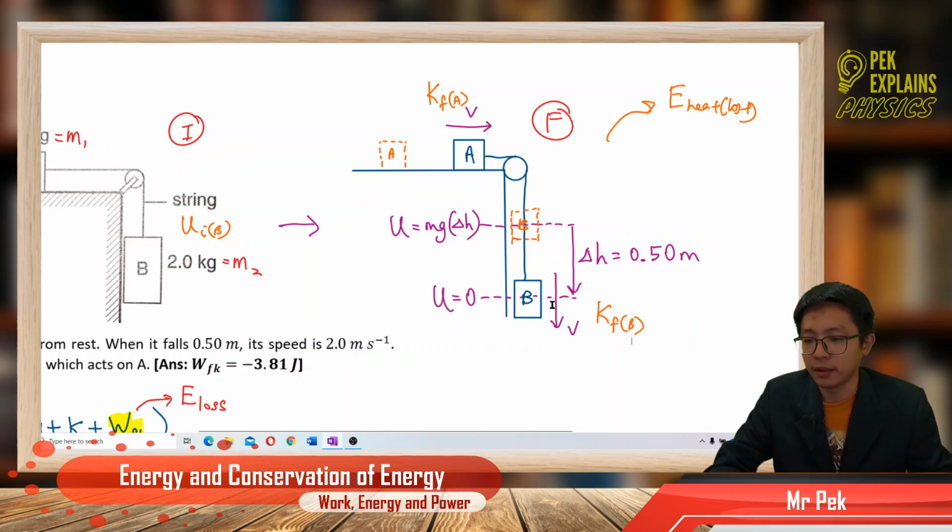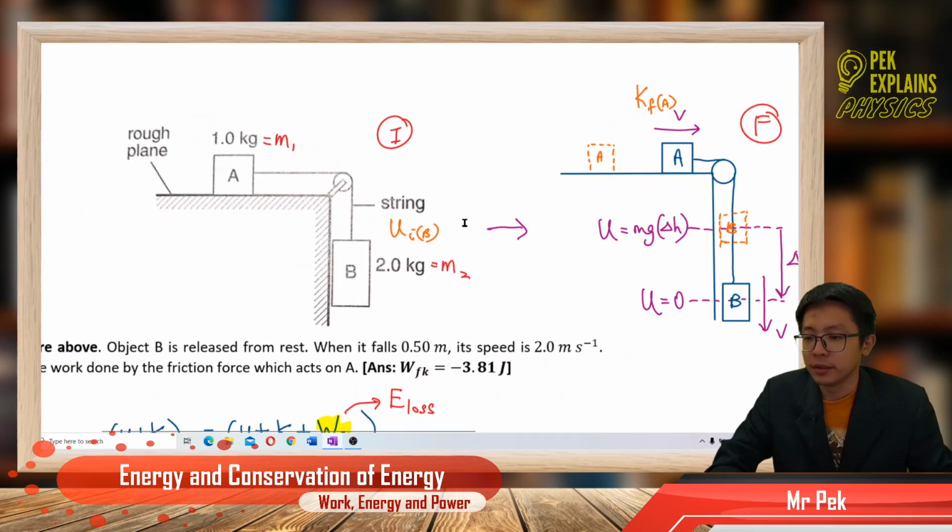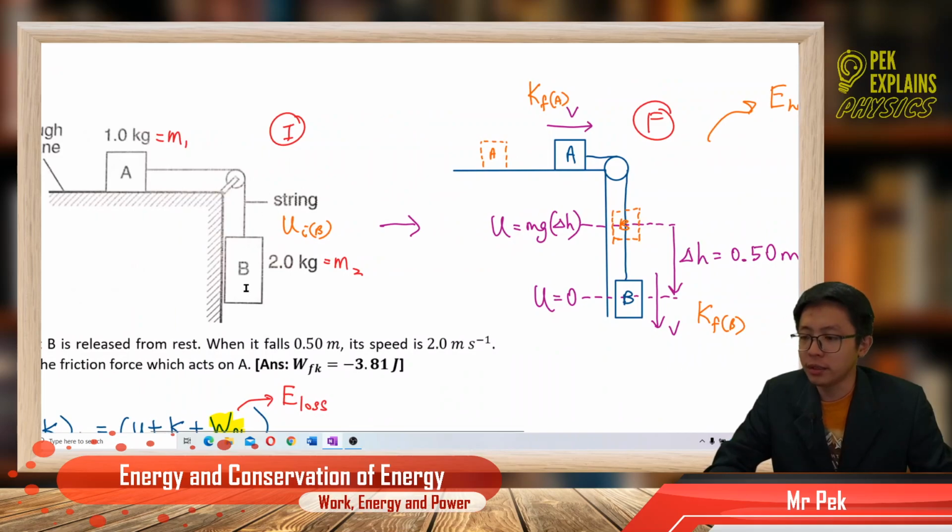Above it, at 0.5 meter, it has potential energy mg delta h, where delta h is the difference in height, 0.5 meter. So initially, block B has this mg delta h gravitational potential energy.